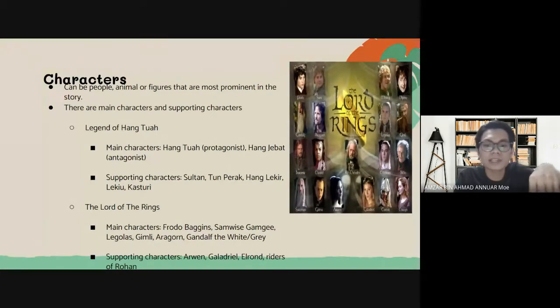Akilah, cuba jawab Akilah. Ada tak setting of place? Tak jumpa lah sir, tak jumpa. Hani ada tak Hani? Setting of place ataupun setting of time.